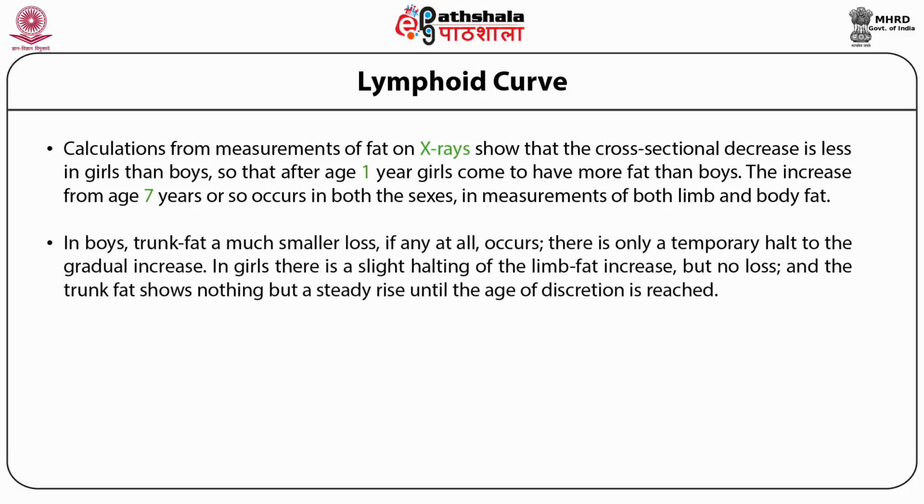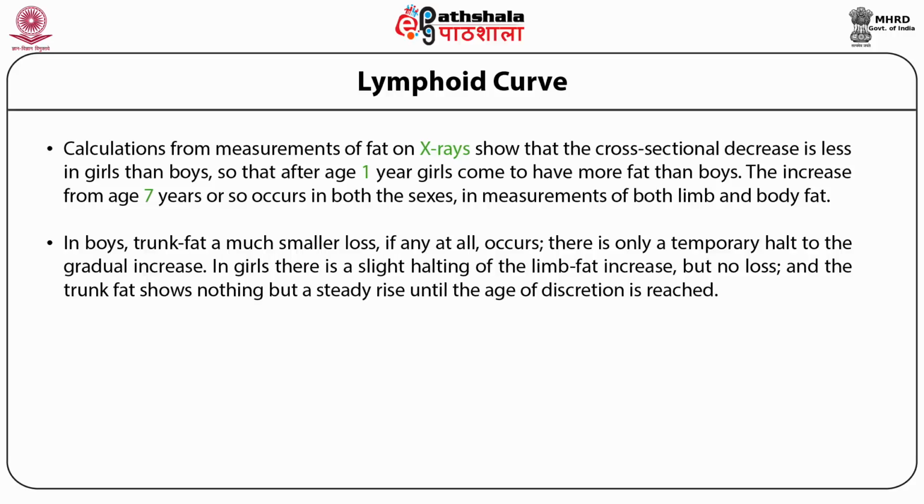In boys, trunk fat shows a much smaller loss, if any at all. There is only a temporary halt to the gradual increase. In girls, there is a slight halting of the limb fat increase but no loss, and the trunk fat shows nothing but a steady rise until the age of discretion is reached.